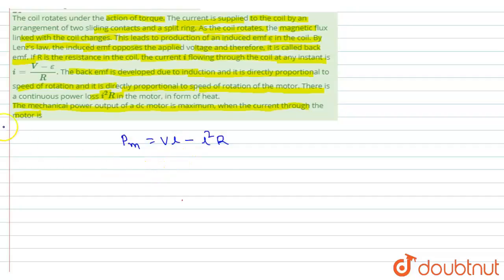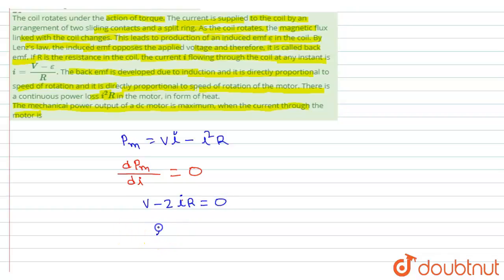Now, for maximum, we have to differentiate this. So for maximum, dPm divided by dI should be equal to 0. Differentiating V I with respect to the current, we get V minus 2 I R, and this should be equal to 0.